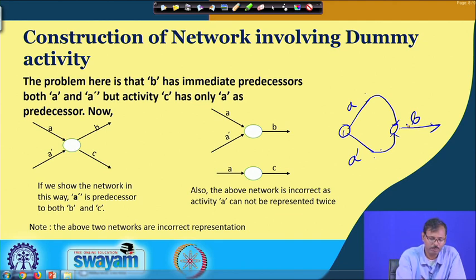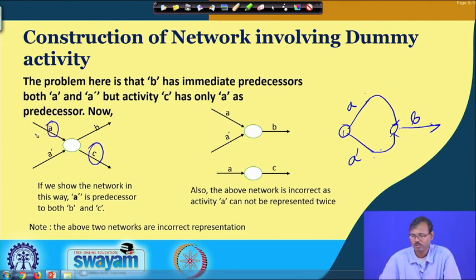Then it is showing that both A and A dot are immediate predecessors for job B, but the problem is we have another job C, which has the immediate predecessor of A only. So, in this case if we put A here and C here, then this shows that A dot is also a predecessor of C, which is not true.